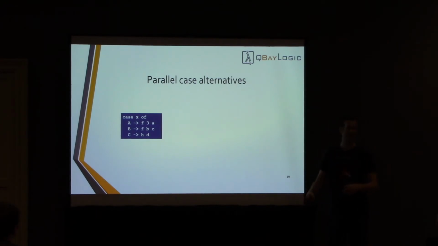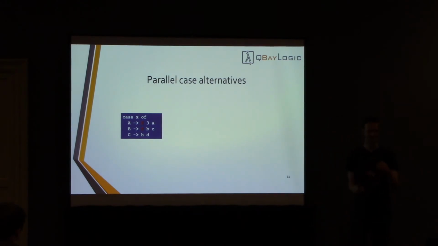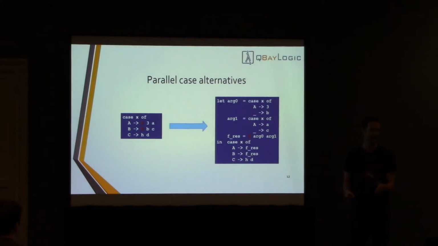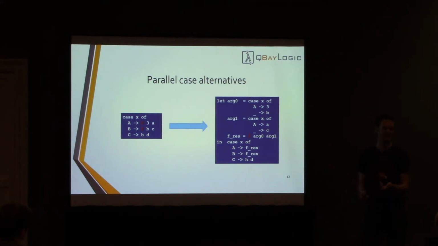Because let's say we have a function f, which is called twice in your alternatives. Then this function f will be present twice, and so it will double the amount of area, even though only one output will eventually be used in the circuit. So of course there's an optimization in the Clash compiler which lifts out f and then does a case statement on its arguments, dependent on the case statement that we had originally, and then its argument is used inside this case statement.